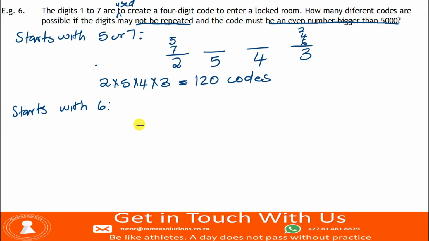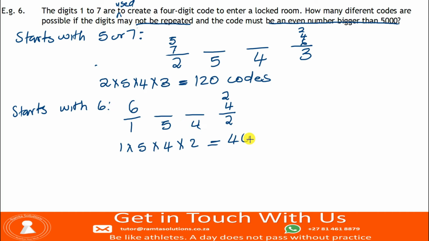So now for a code that starts with 6, we have 1, 2, 3, 4. It starts with 6 and can only end with 2 or 4, because digits may not be repeated. When you've taken 1 and 1 here, you are left with 5 and 4. So 1 times 5 times 4 times 2, 20, 40.